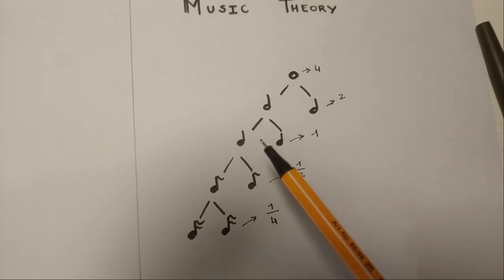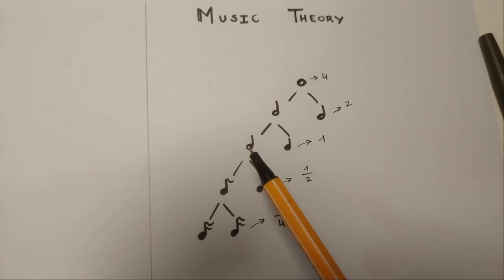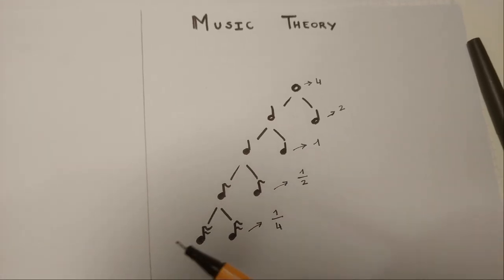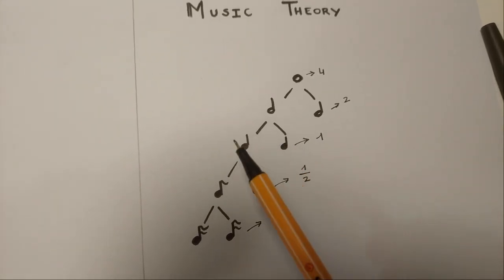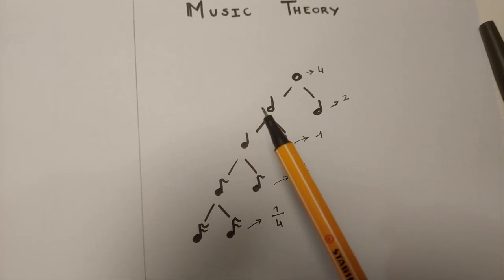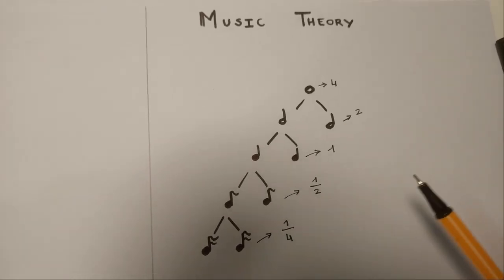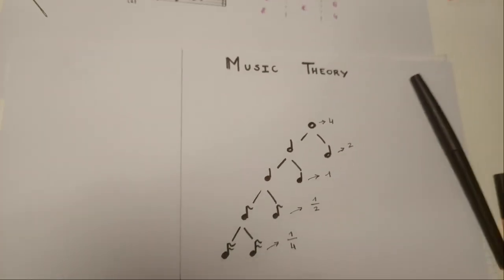Sorry, I'm mistaking US and British notes. So I'm going to try to stick with British from now on. So this is crotchet. 2 crotchets equals 1 minim, and so on and so forth. So these are the different notes we can find in a music sheet.